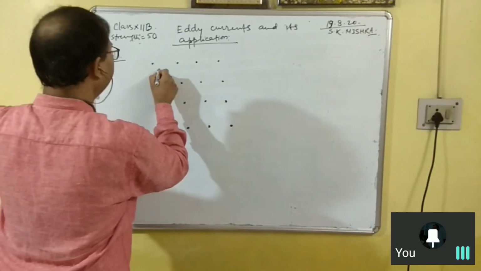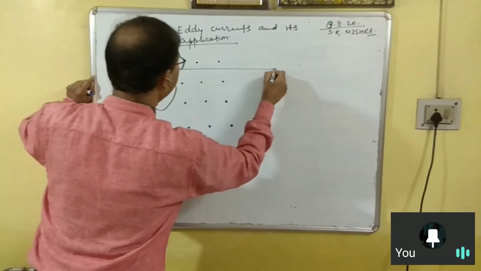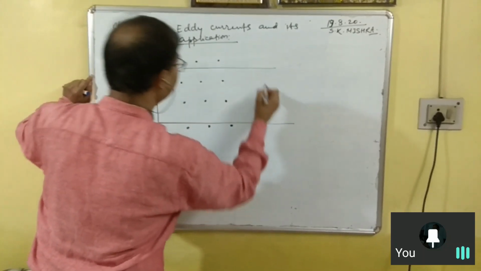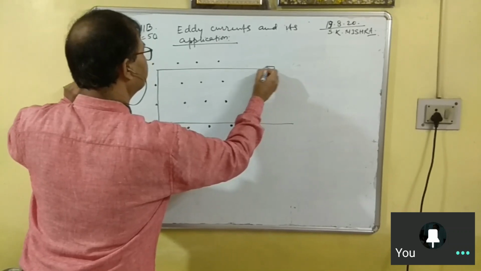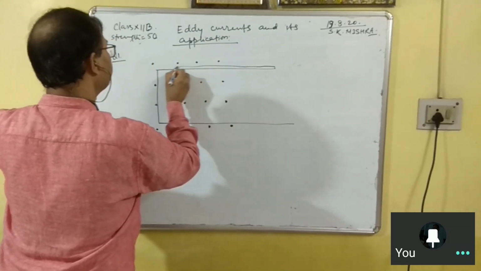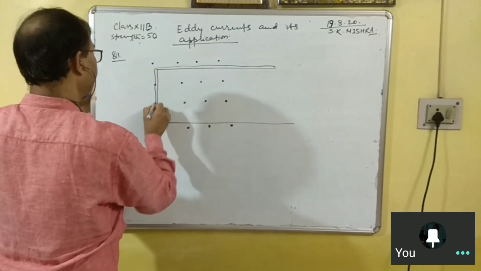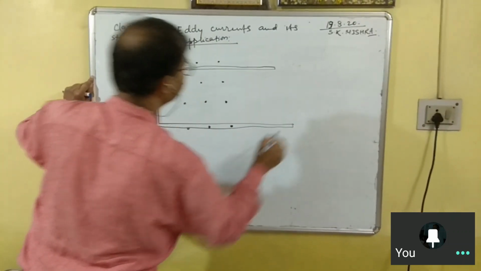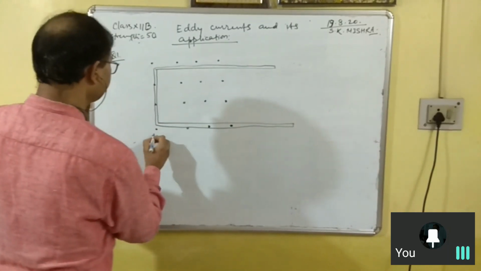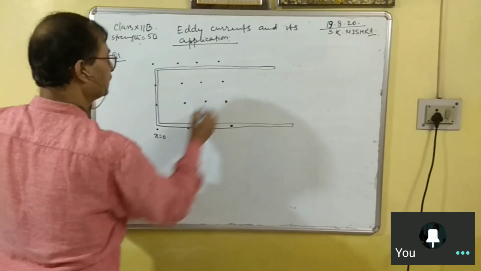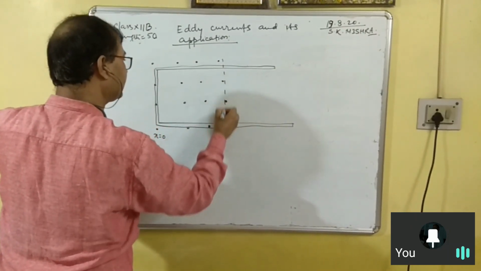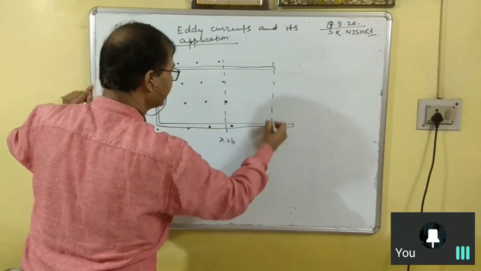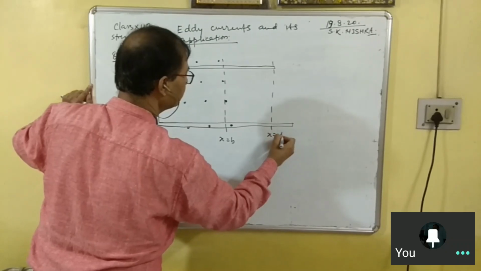And you have this rail, a metallic frame you can say. This type of frame you have. And this is x = 0. The magnetic field is extended up to x = b. And then finally this is x = 2b.